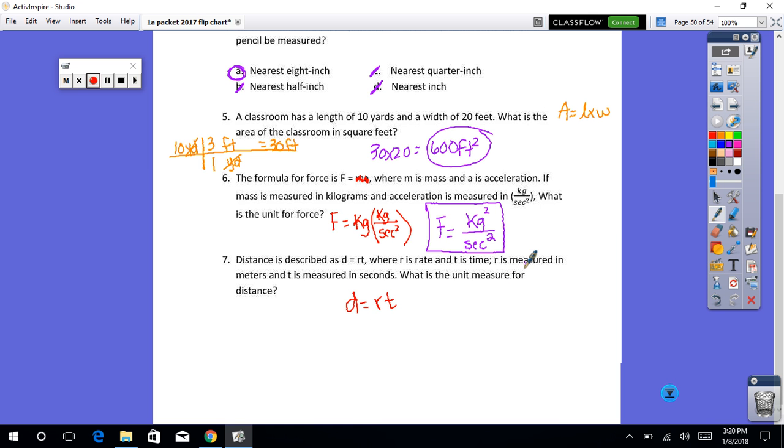Okay, and it tells me that rate is measured in meters, and my time is measured in seconds. Okay, so my distance measurement is right there, meters per second.